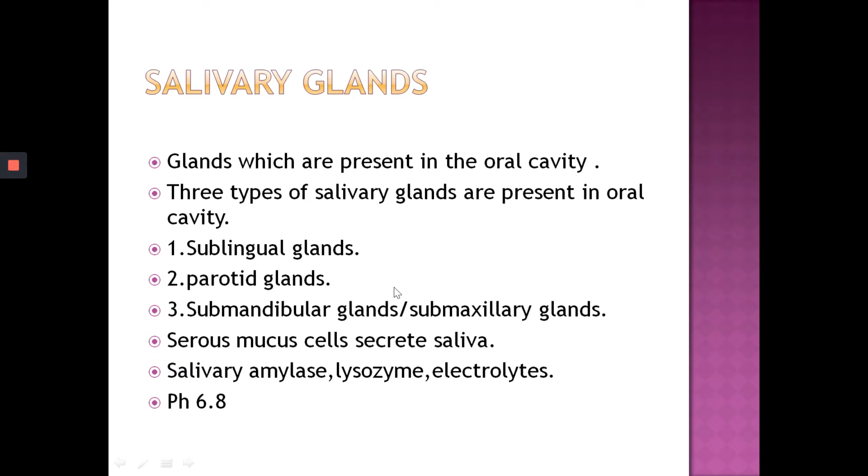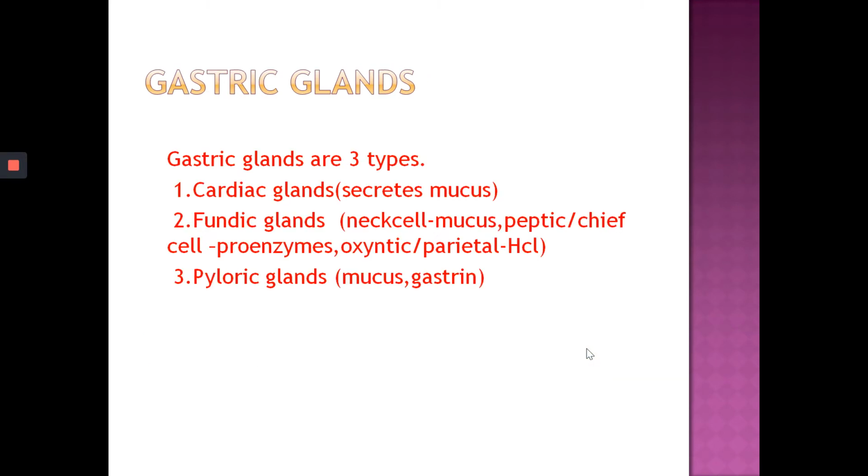So the salivary glands are present in the oral cavity, and they secrete saliva, which consists of amylase enzyme, lysozyme, and electrolytes. Next, gastric glands.